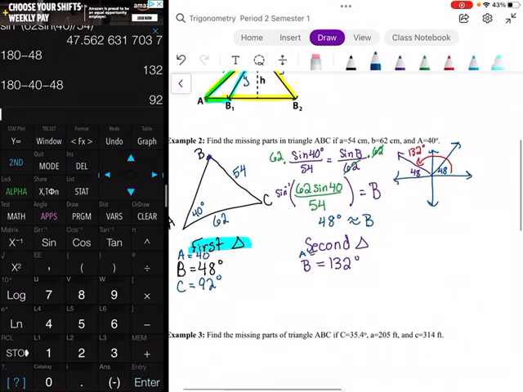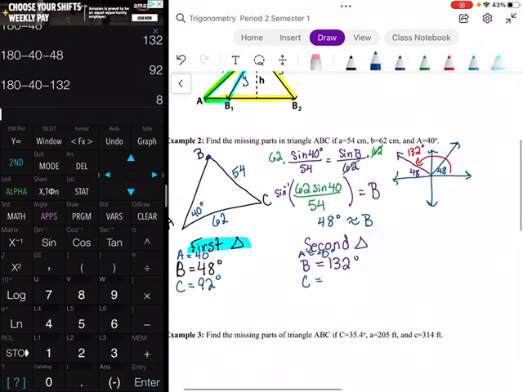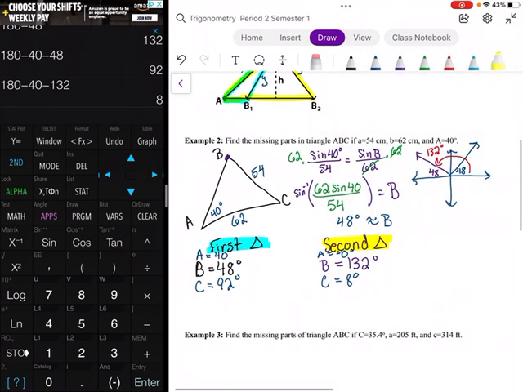We know A was 40 degrees. And now we can see if there's enough room for this one to actually form a triangle. So this one would be 8 degrees. So now we know that there are two triangles that can be formed with the given information that they gave us.